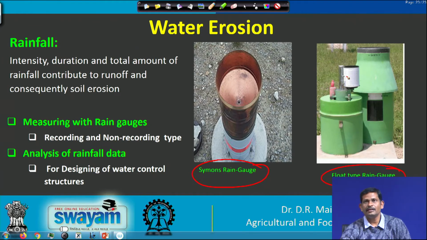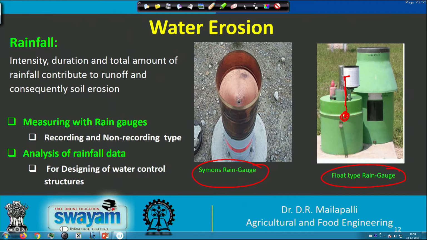The drum will be moving like a clock. There is a pen attached to a float. When the rain gauge is filled with water, the float goes upwards accordingly, and the pen writes on the graph sheet based on the time.